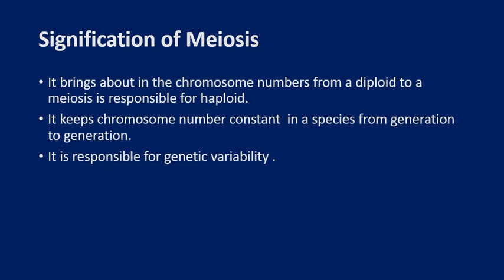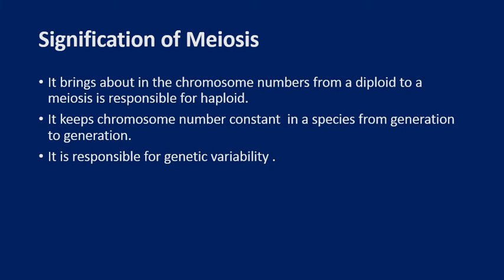So what is the significance? What is the importance of this meiosis? Number one, meiosis is responsible for bringing about a change in chromosome number from diploid to haploid. So haploid means the characters of both parents come into the species or that offspring.